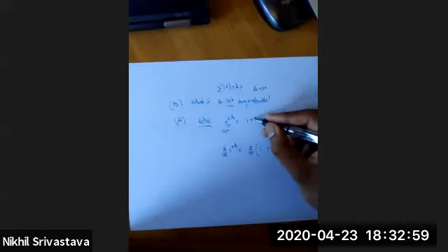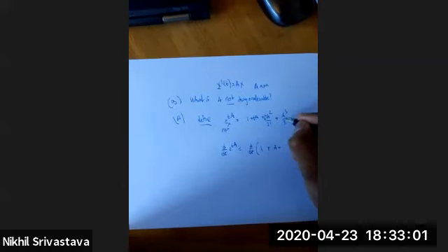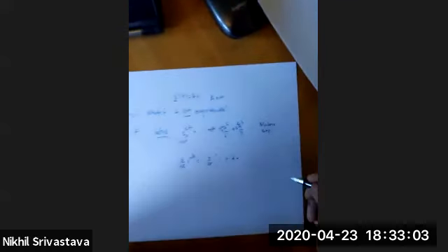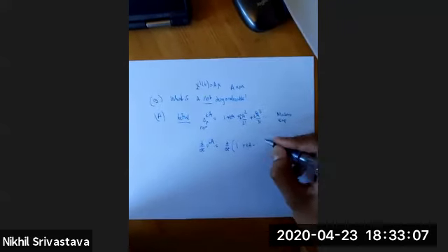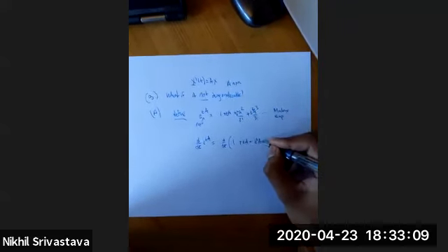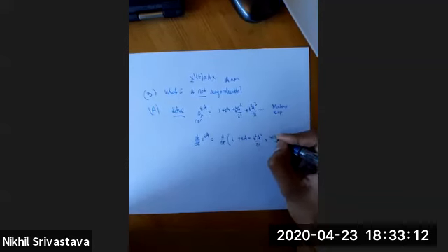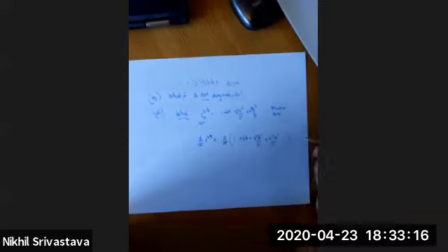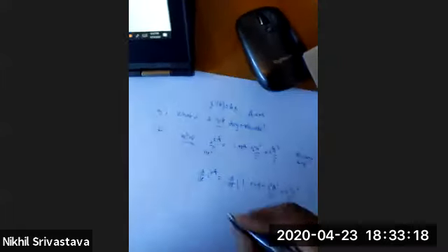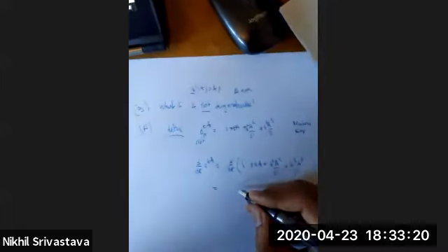Sorry, there are t's everywhere. The t's are important. It's e to the tA. Now if you differentiate it term by term, the first term is 0, so you get 0.